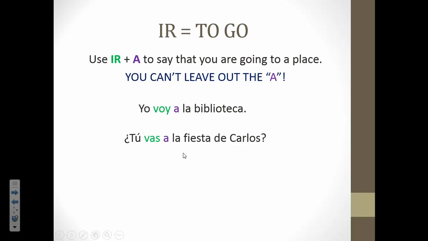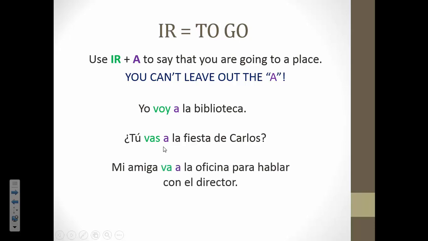Now we have a question. ¿Tú vas a la fiesta de Carlos? Now here, again, we have the form of ir conjugated according to the tú form, so tú vas, and then we have a to say are you going to Carlos's party? So remember, you can't leave out the a. And here's one more.